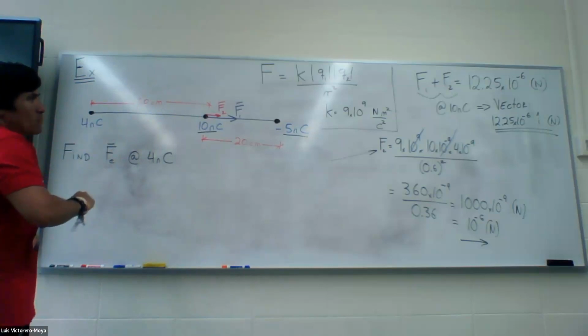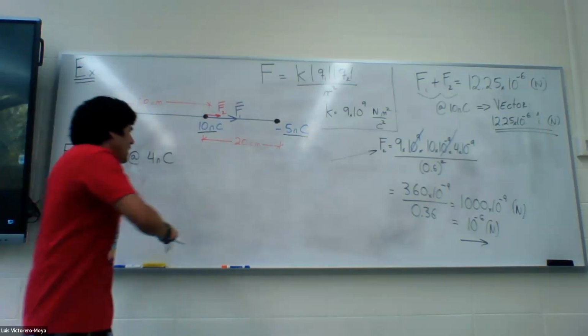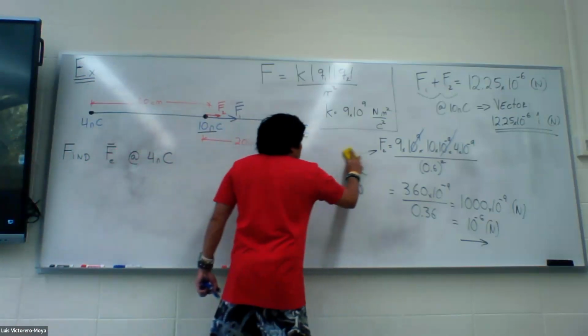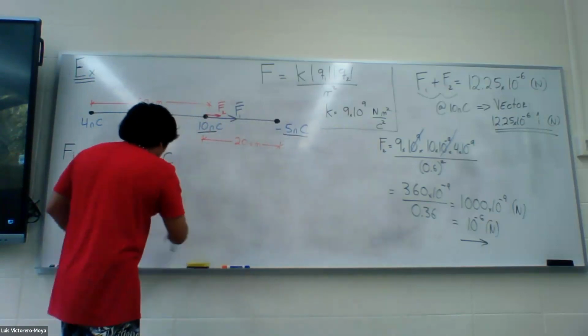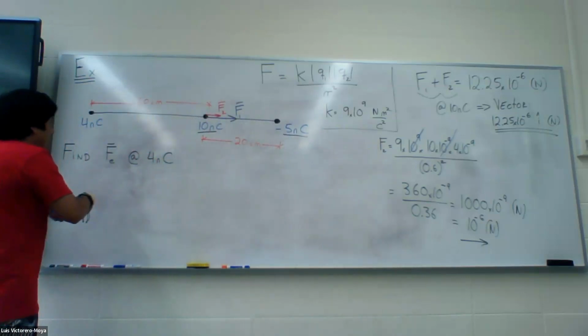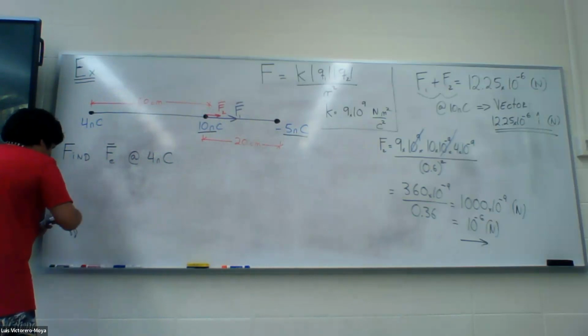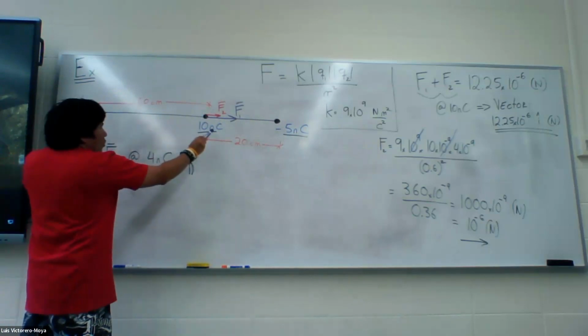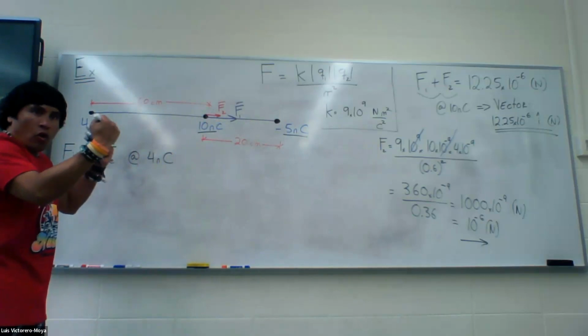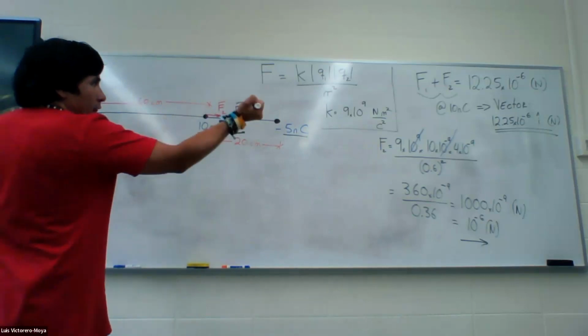It's basically the same method, but we have to be careful with the directions. Between 4 and 10 nanocoulombs, since they are both positive, they repel.